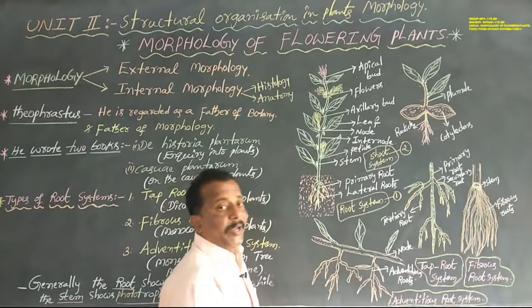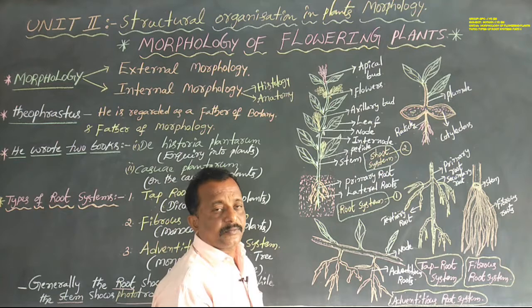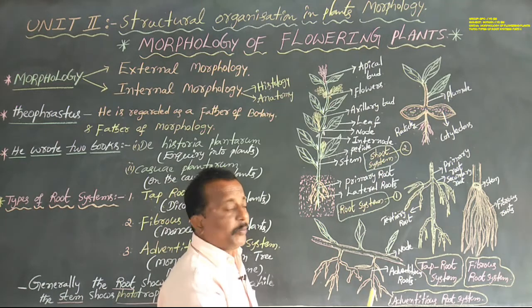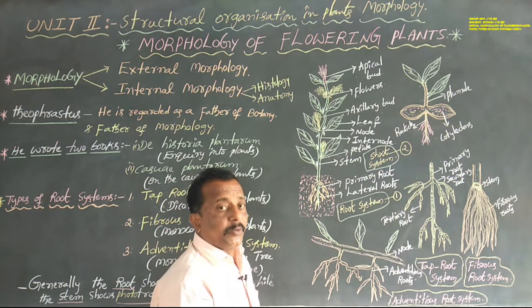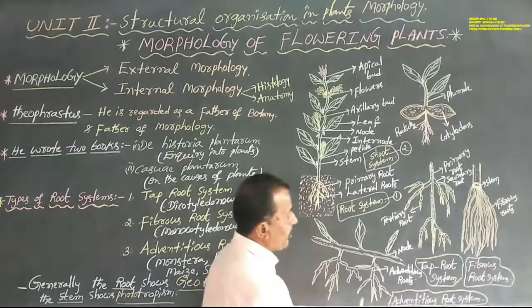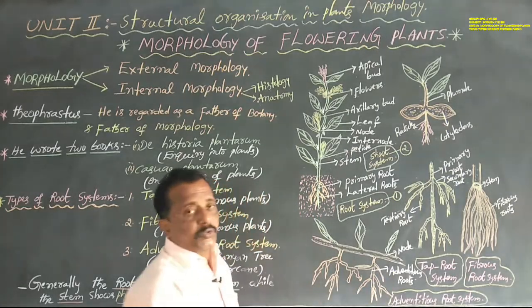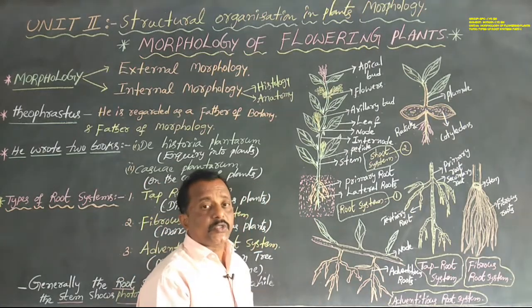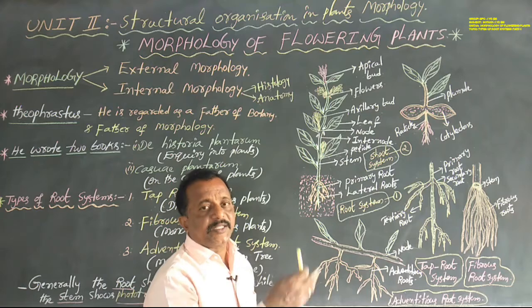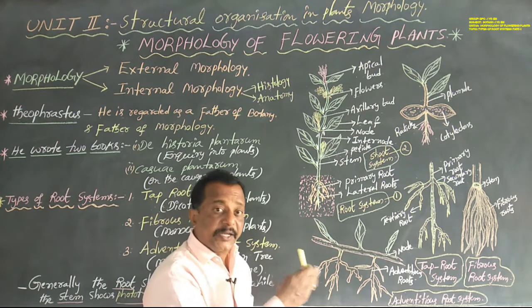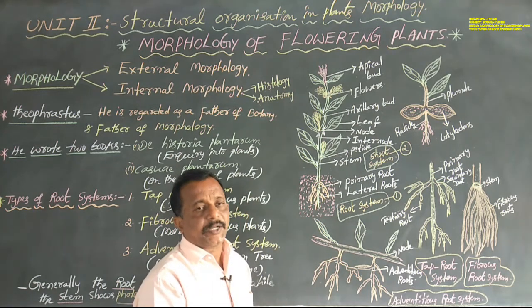Without developing from the radicle, these roots develop only from parts of the plant body, that is called adventitious roots. Adventitious roots are seen in some of the dicotyledons such as monstera and banyan tree, and some of the monocotyledons, that is maize and sugarcane.